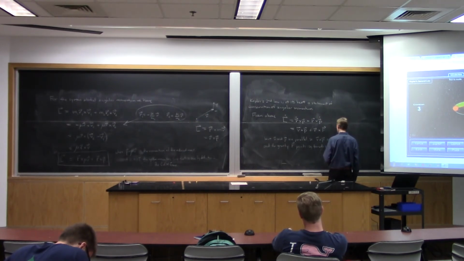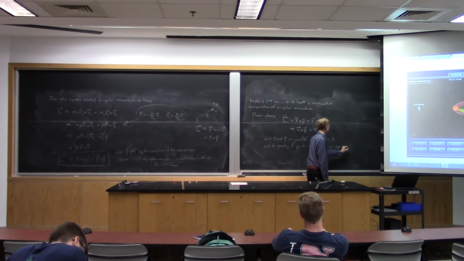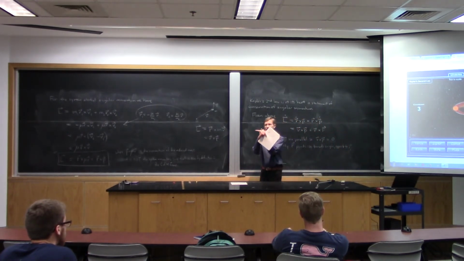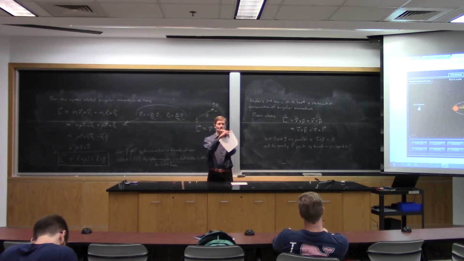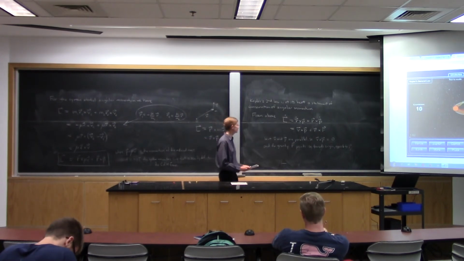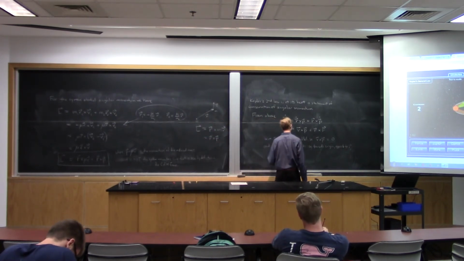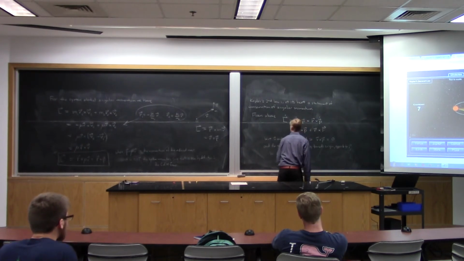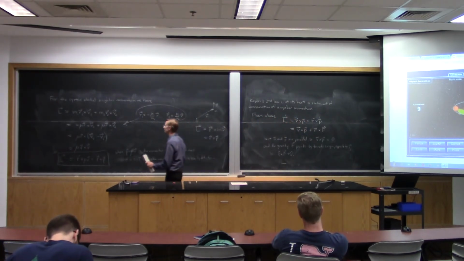And for gravity, F points in towards the origin, opposite to r. It's pointing in the opposite direction of r. If two vectors are anti-parallel, pointing 180 degrees apart, opposite directions, what's their cross product? 0. 0 as well, right? In other words, L dot equals 0.